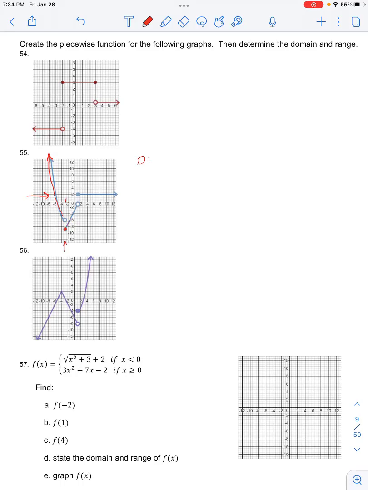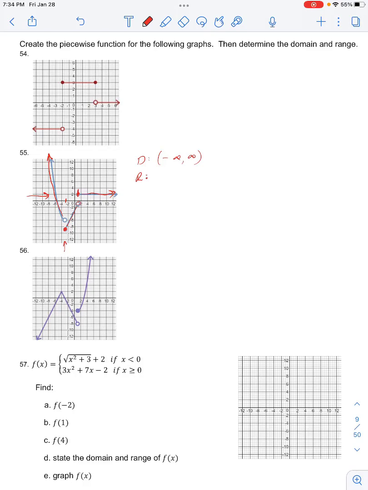Then it is continuous on this line up until we get to this open value at 1, but the function is continuous at 1 because we have this closed dot here, and it continues on towards positive infinity. So the domain is continuous everywhere from negative infinity to infinity.